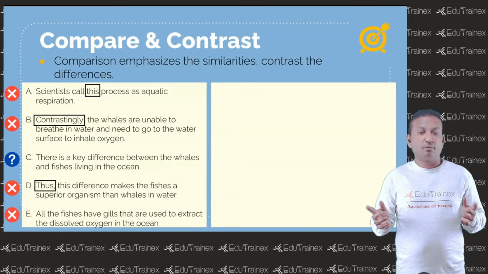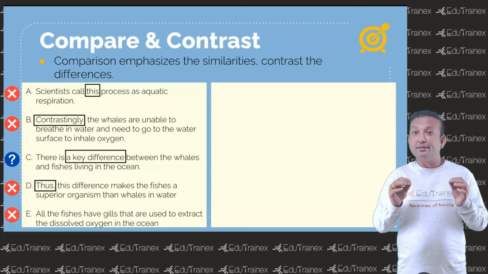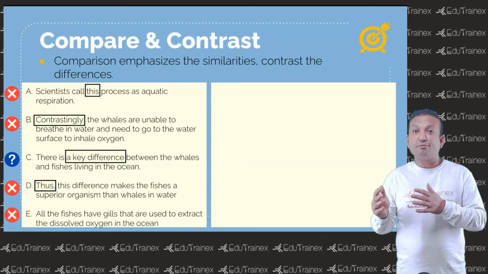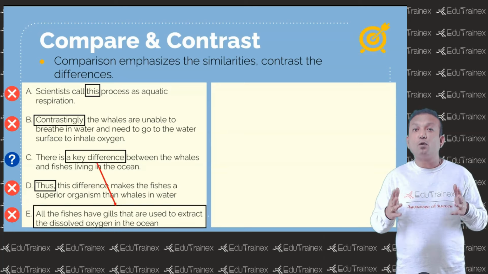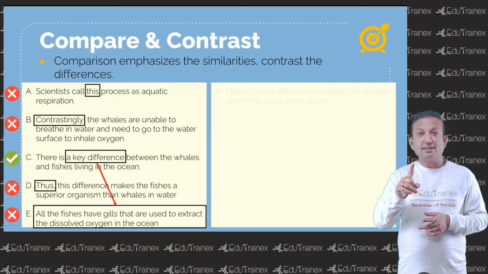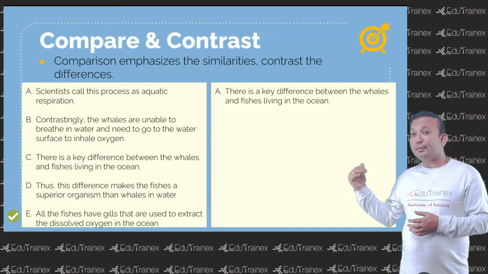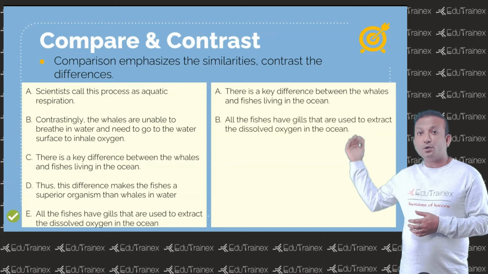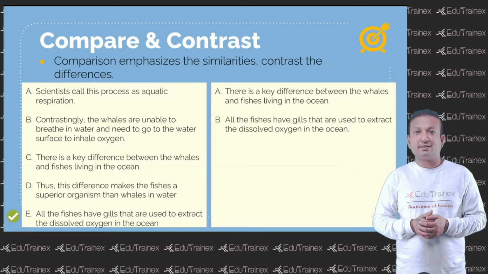I don't think so, because option C talks about a key difference between the whales and fishes, and option E is basically elaborating what the difference is. So option C will be our topic sentence, and as I mentioned just now, option E is elaborating that difference, so it is logically the next in sequence. So E will be our second sentence.